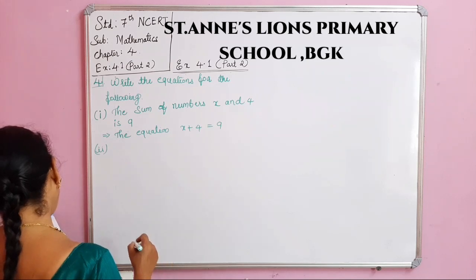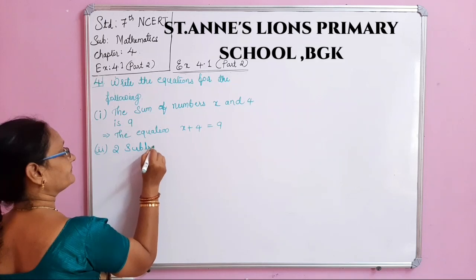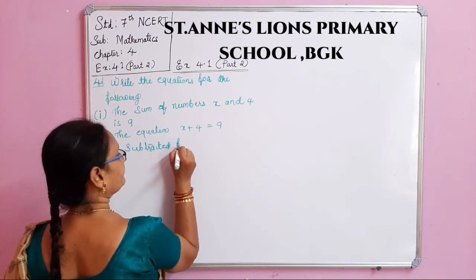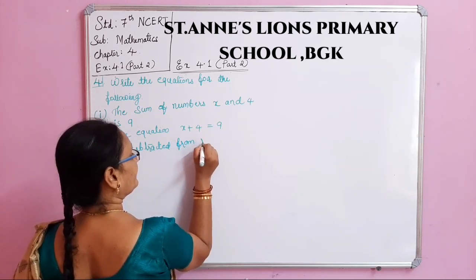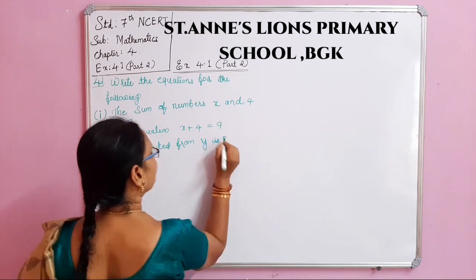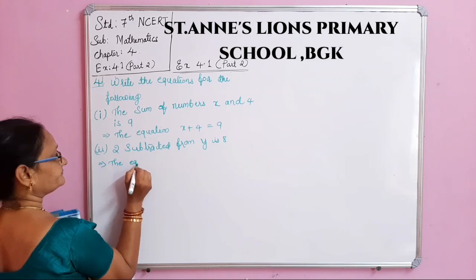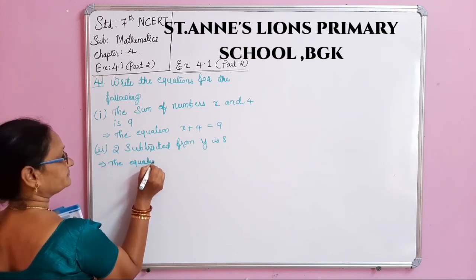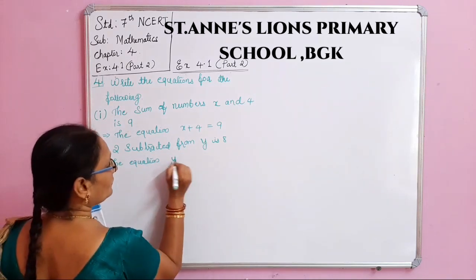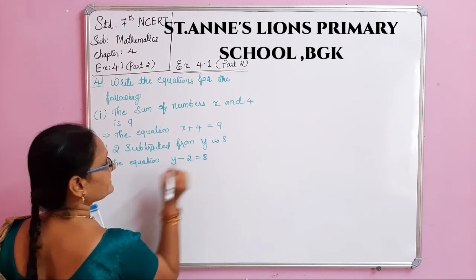Second one, 2 subtracted from y is 8. See here the equation. 2 subtracted from y, that means y minus 2 is 8.